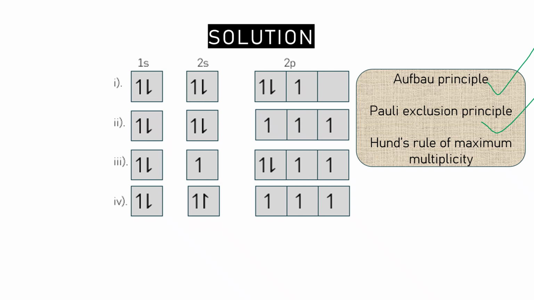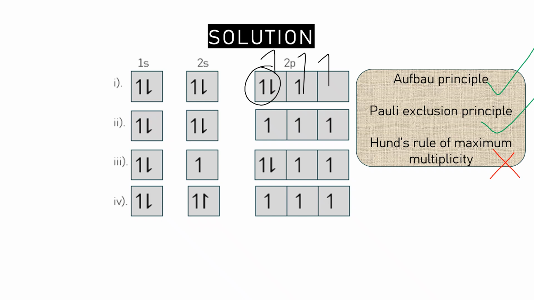But in the 2p orbital, which has three degenerate orbitals, 2px, 2py, and 2pz, you can see that the 2px orbital is filled fully with opposite spins. It should have been filled singly with parallel spins first, so it doesn't obey Hund's rule.